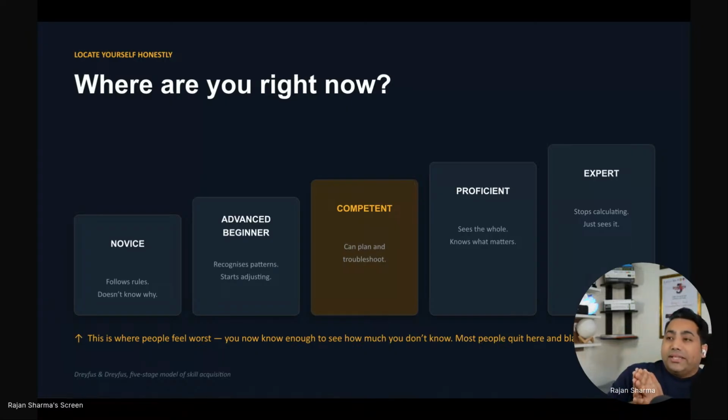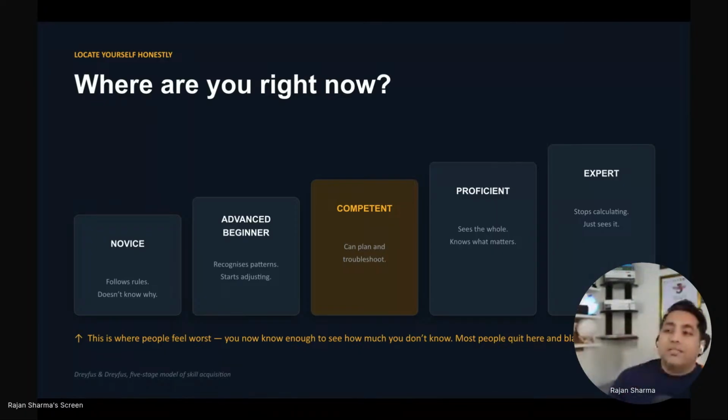So novice is, you follow rules, you don't know why, and if the situation is different from the example tutorial, you are stuck. That is the novice. Then the next is the advanced beginner.